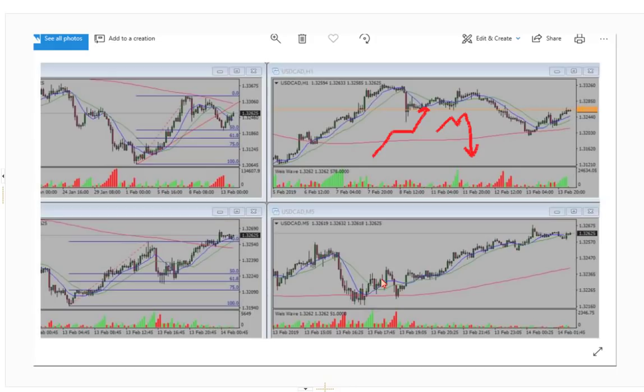Yeah. So again, going back to reversal times, just as a tool to help you, you still gotta know what's going on in the higher time frames.